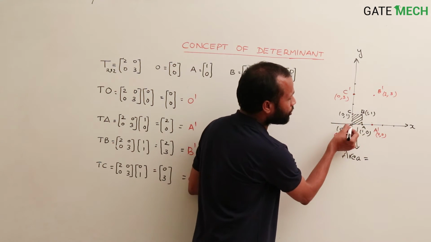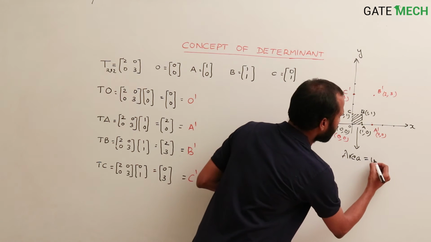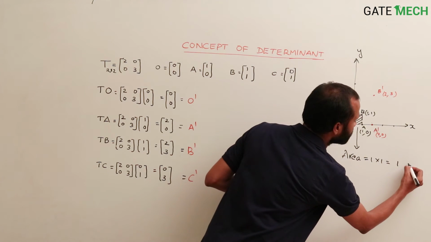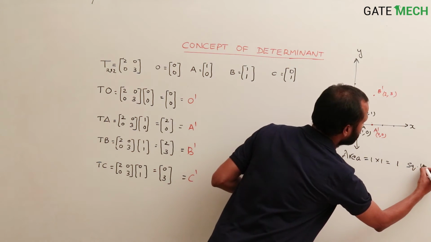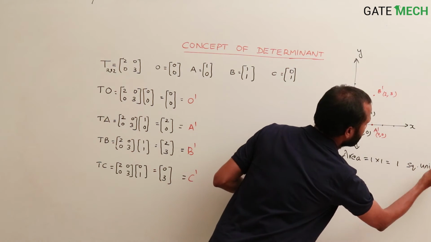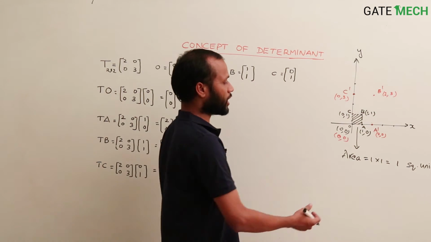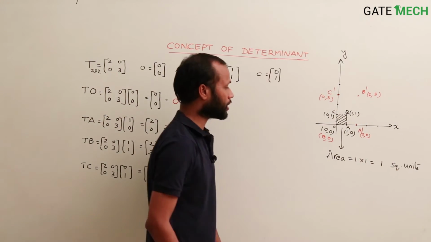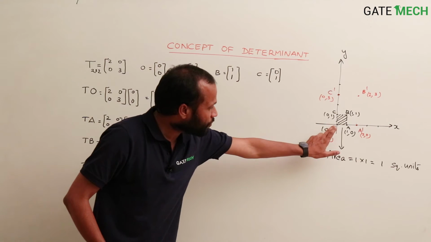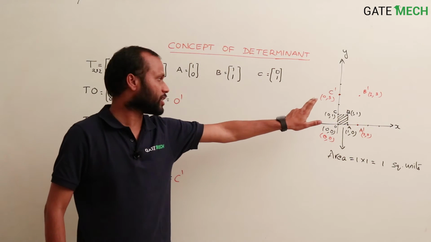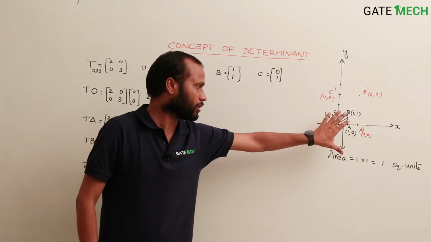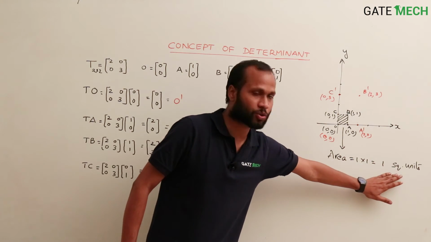What is the width here? 1 unit into 1 unit. This is 1 into 1, so 1 square unit it is. You can consider it as millimeters, centimeters, meters, kilometers, whatever it is. For the time being, I am considering it as 1 square unit. So using the earlier 4 points, the area that is formed is 1 square unit.